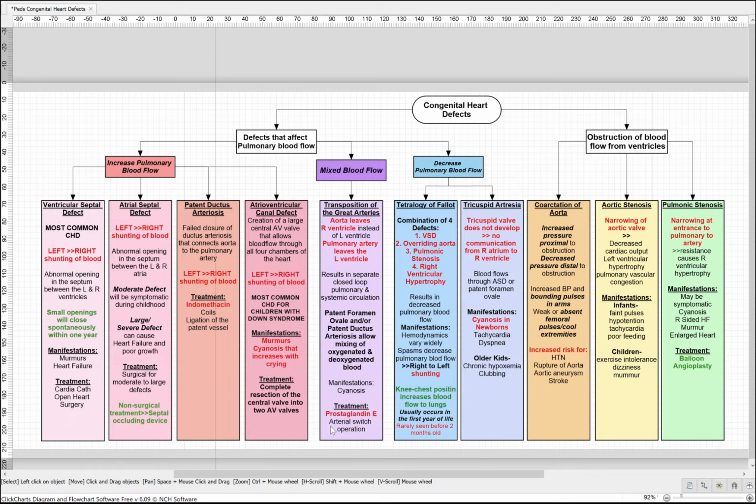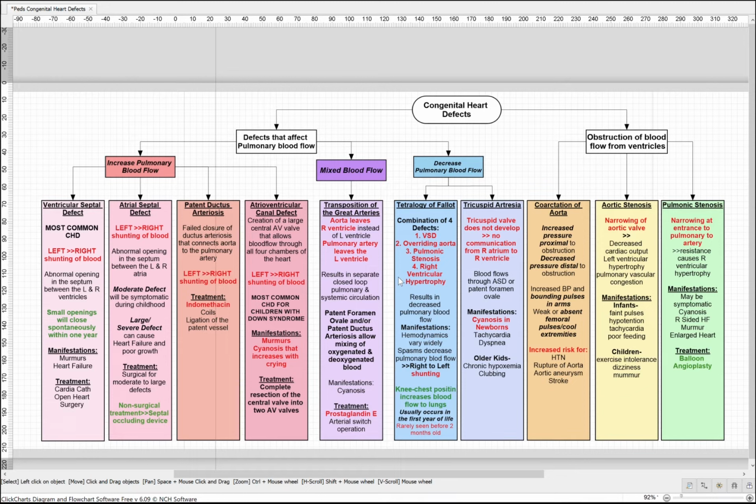And the arterial switch operation is exactly what it sounds like. It's basically taking those great arteries, the aorta and pulmonary artery, and putting them where they are supposed to be, so that now we don't have our two closed loop systems. We have one system that is working normally as it should.